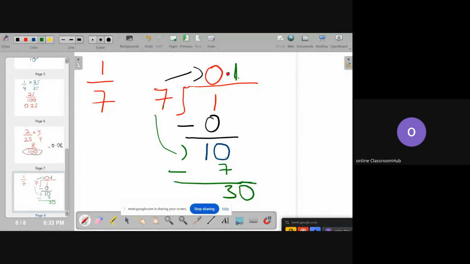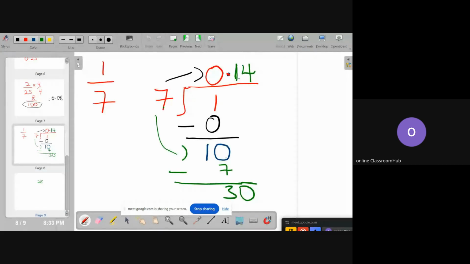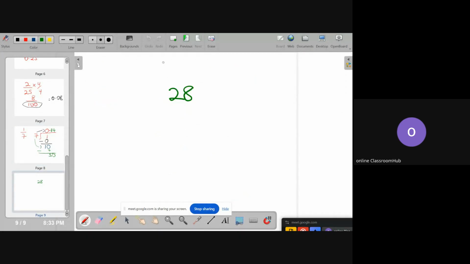7 goes into 30 how many times? So that will be 4. So 7 times 4, and that will give us 28. So you do the same operation, 30 minus 28.